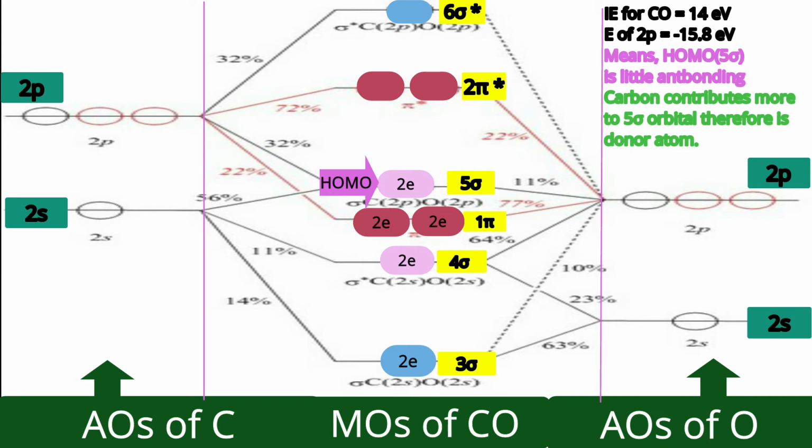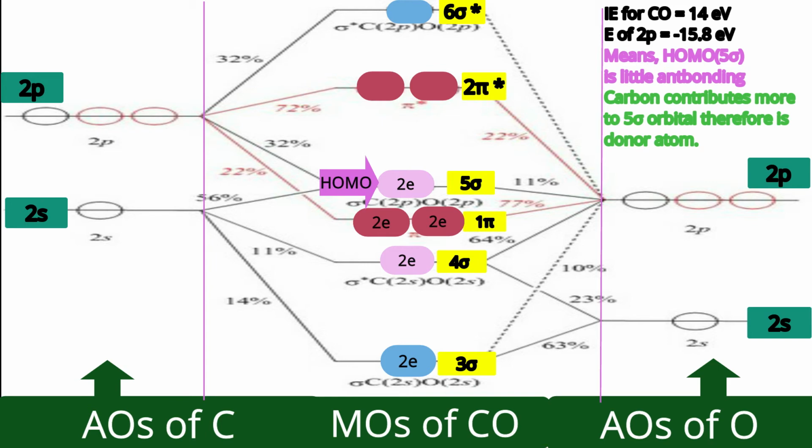In the outermost orbitals of carbon there are 4 electrons, and for oxygen there are 6. So how can you distribute the total 10 electrons? 2 electrons will be in 3 sigma, 2 electrons in 4 sigma, 4 electrons in 1 pi, and 2 electrons in 5 sigma. The 5 sigma orbital is the highest orbital in which electrons exist, which has a little anti-bonding characteristic.